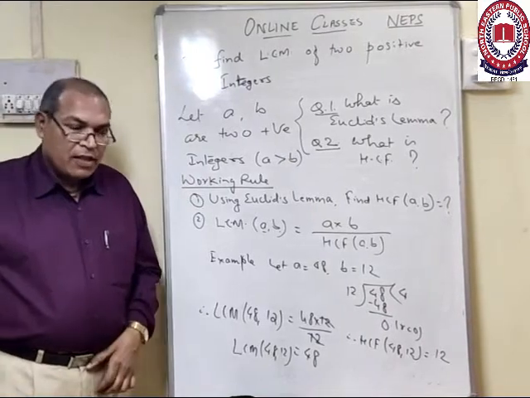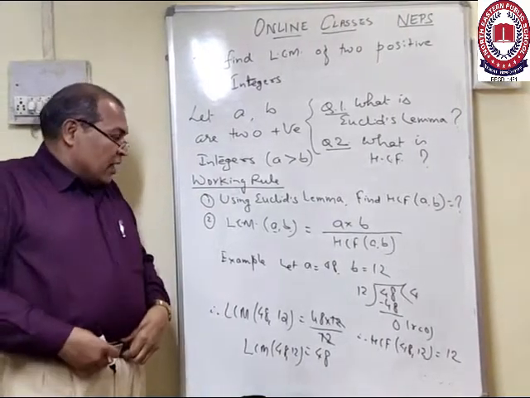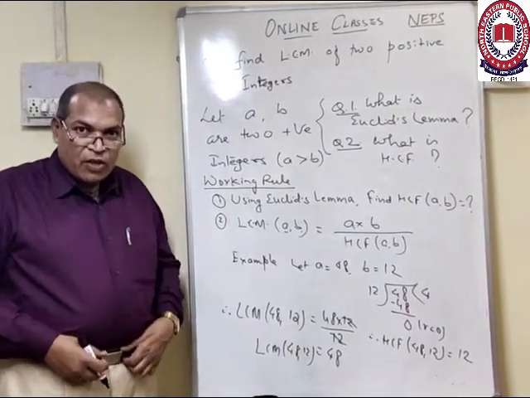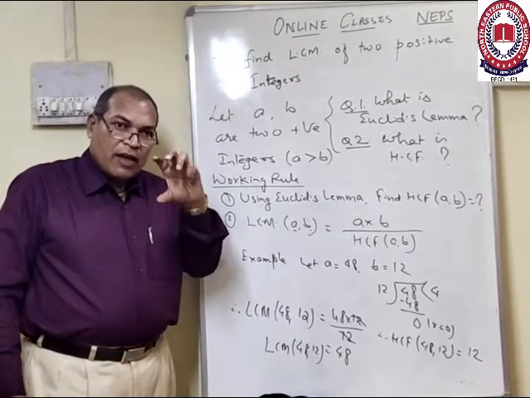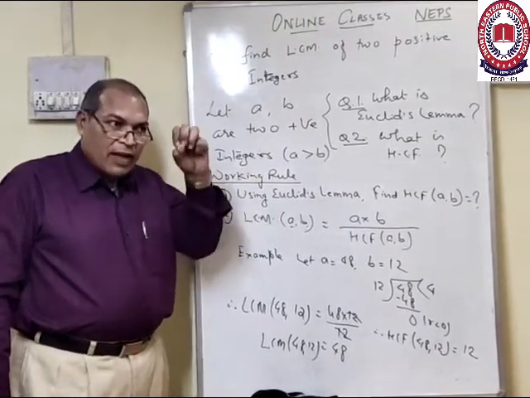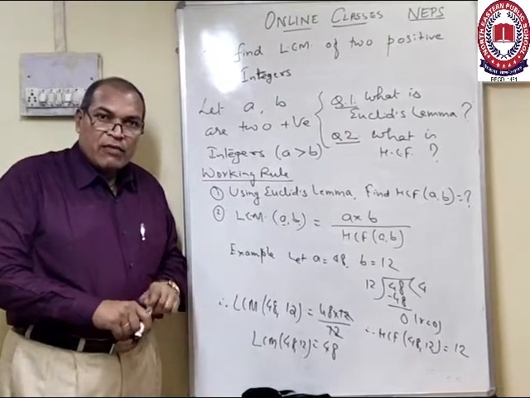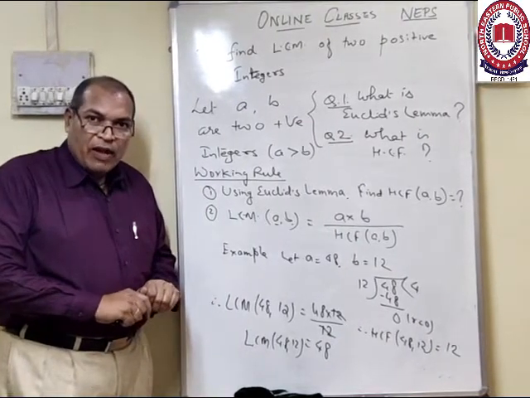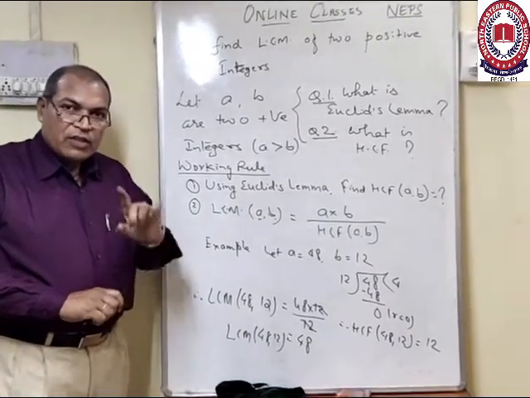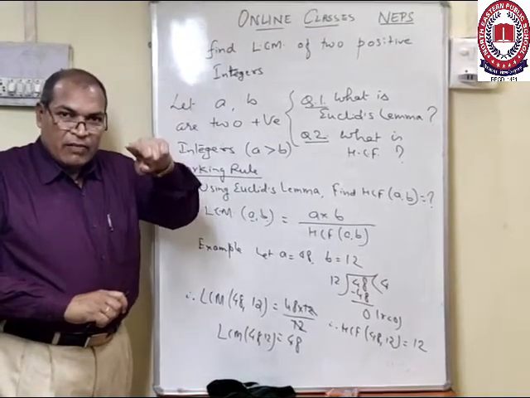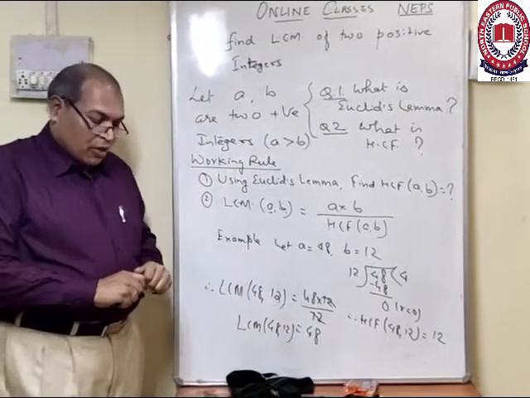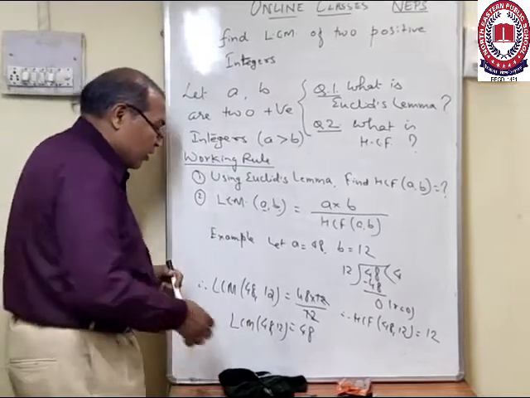Second thing, after this I will discuss the other point which you have a doubt about: how to find the HCF by another method if we are not applying Euclid's division lemma. So there is the prime factorization method which you did in the previous classes. So let us see using that also.